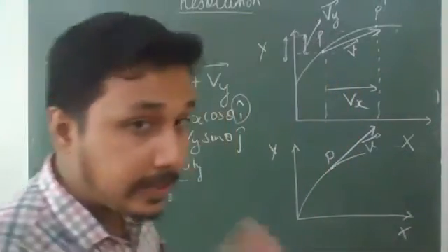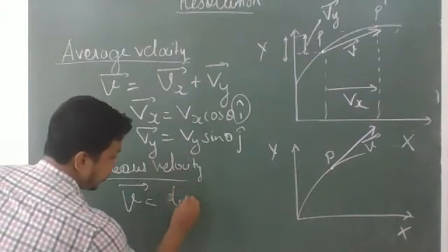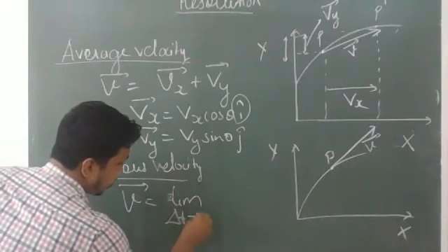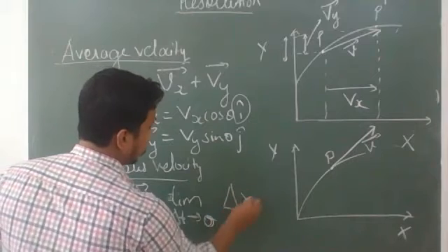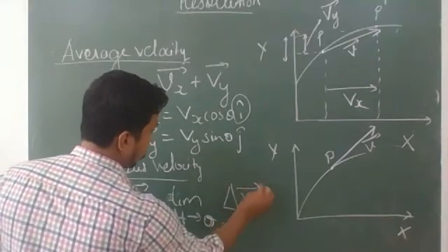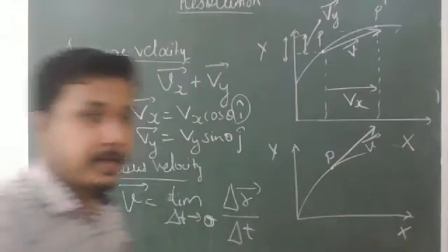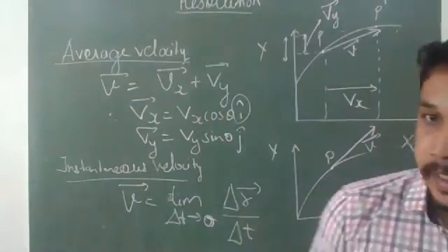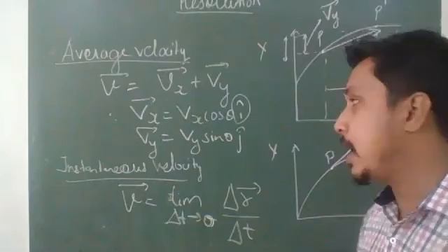Which is written as v is equal to limit delta t tends to 0 of del r by del t.